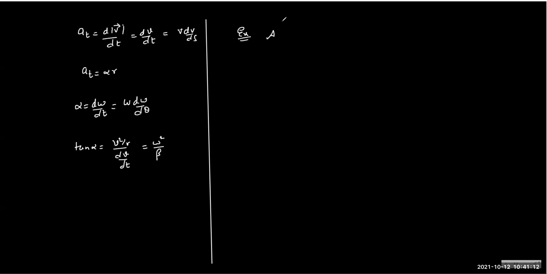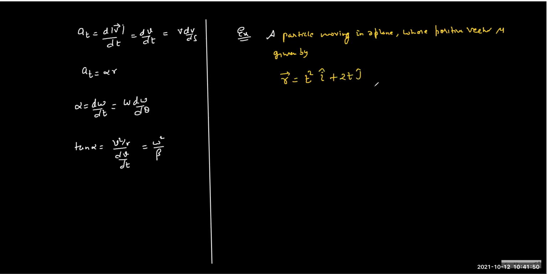A particle moving in a plane whose position vector is given by r equals t square i cap plus 2t j cap, where t is time.